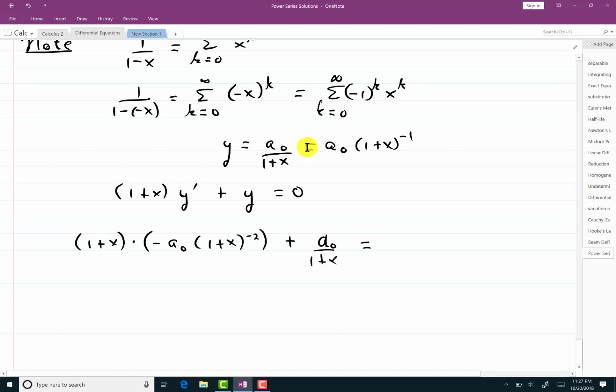That's supposedly what y equals. Notice then that I can cancel one of these and make that to the negative 1 power. And I'll get negative a sub 0 over 1 plus x plus a sub 0 over 1 plus x. And that, of course, does equal 0.